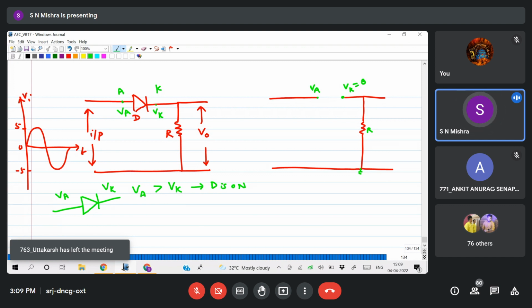The cathode is 0, so the anode potential is connected to what? We are giving the input here. So input means Vi. So can I say Vi equals Va? Yes, sir. And Vk equals 0.